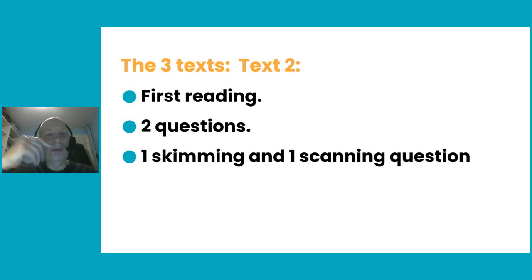Skimming would be something like, what is the author concerned about? That would be a skimming question, because it's asking about the general meaning of the text. A scanning question would be going in and picking a specific piece of information out from the text.